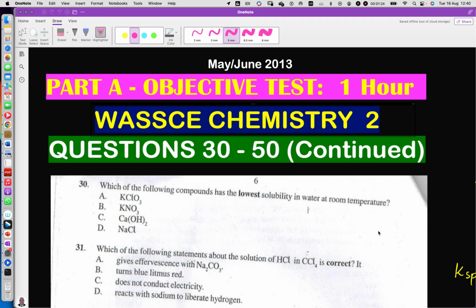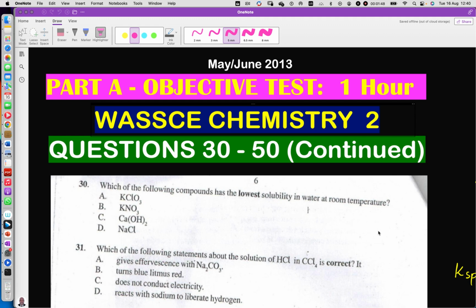Let's get started. Question number 30. Which of the following compounds has the lowest solubility in water at room temperature? Yes, you might not know which one is more soluble than the other.